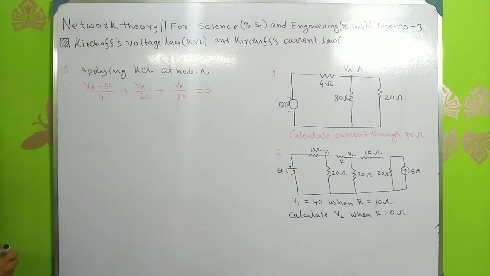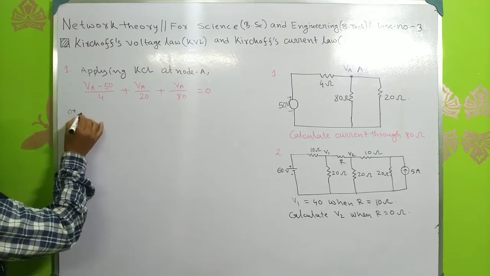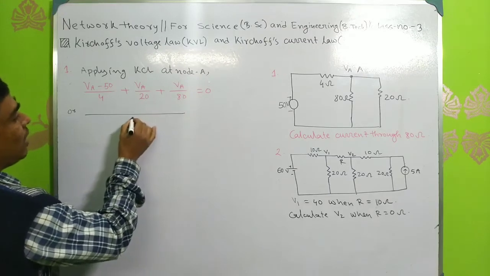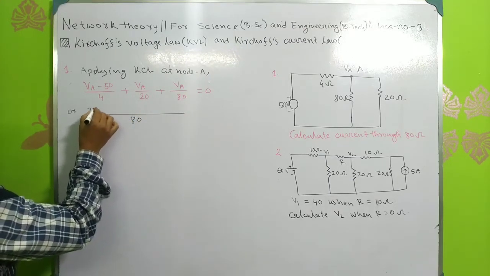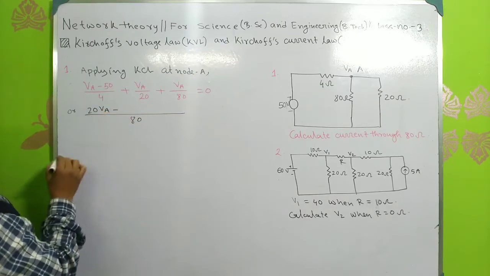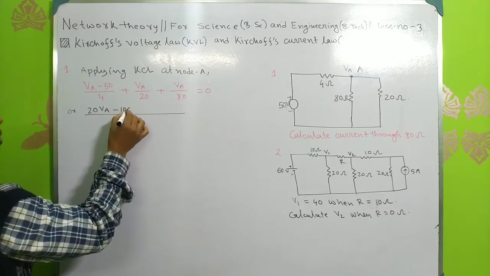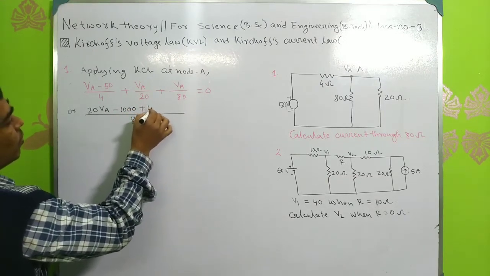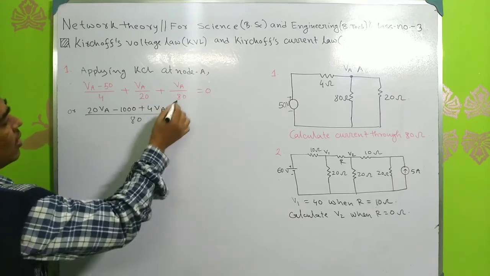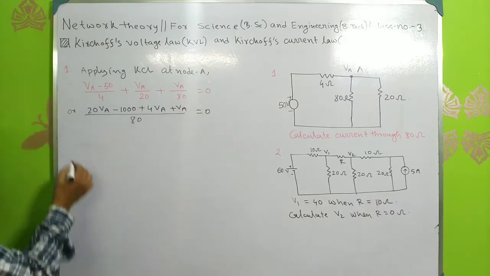Now if I simplify this equation, then it will be, with 80 as the common denominator, 20 VA minus 1000 plus 4 VA plus VA equals 0.